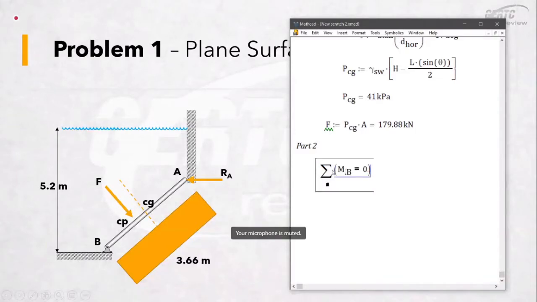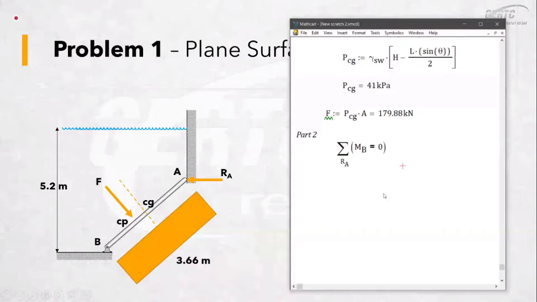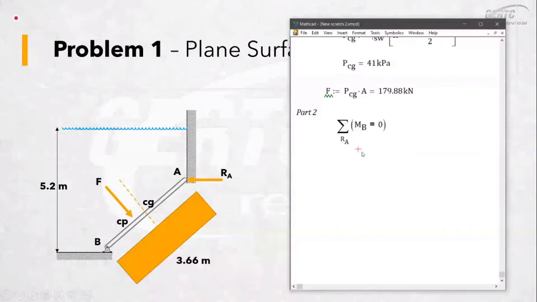Take note that we are solving for the reaction at A. Summation of moments at B equals 0. So the equation has the reaction at A multiplied by its moment arm.